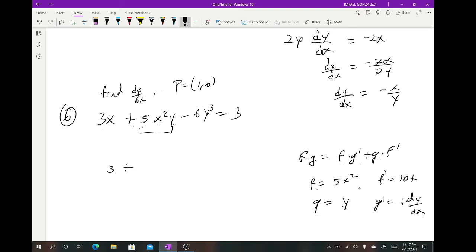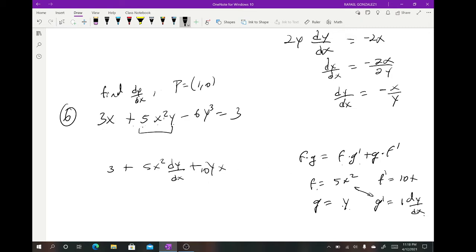So f times g prime is 5x squared times dy/dx. So we have 5x squared dy/dx. Plus, from the formula, that's where I get that plus from, g times f prime, so that's y times 10x.